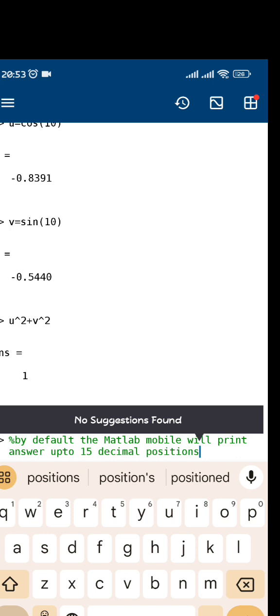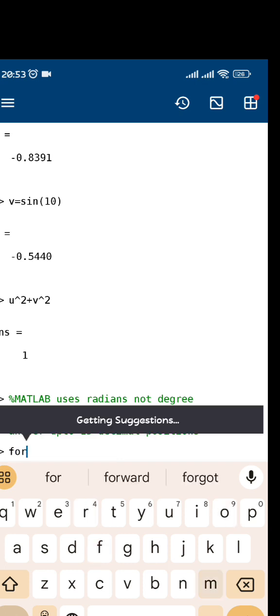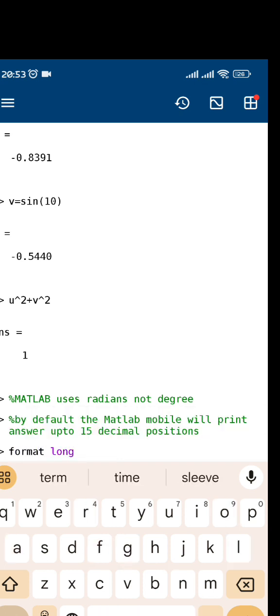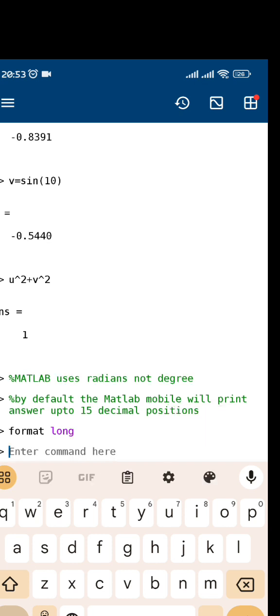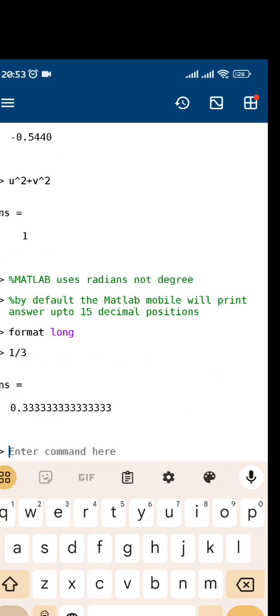So you can increase the number of decimals you want after the point, and it can be done by using commands. One of the commands is format long. If you use the command format long, it will be saved in the MATLAB window, and any problem solved will give you the answer up to 15 digits. For example, if I solve 1 by 3, it will give you the answer up to 15 digits.